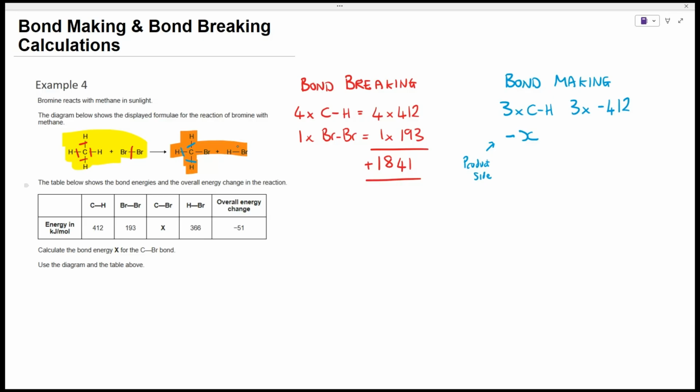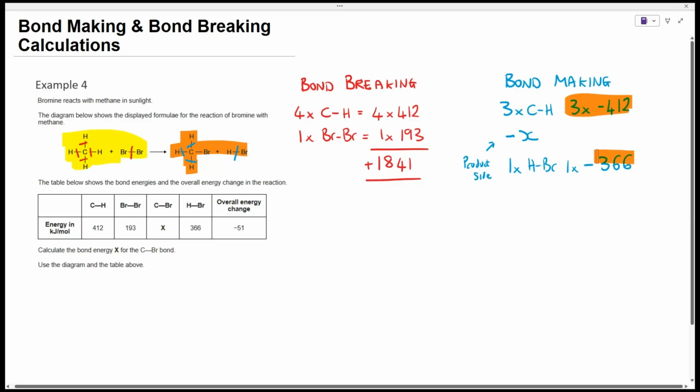The last number that I've got to get is the hydrogen to bromine bond, which is 366. So 1 times H to Br, which is 1 times minus 366. Now, what I would strongly urge you to do is these 2 numbers that I'm going to highlight in orange.